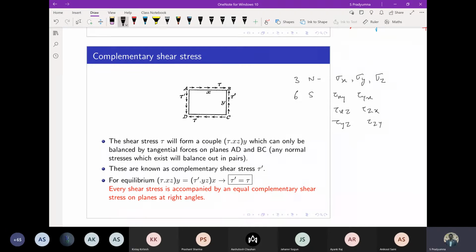But if you look at this carefully, they are actually symmetric. So this should be equal to this, this should be equal to this, and this should be equal to this. That we can prove by considering this figure.